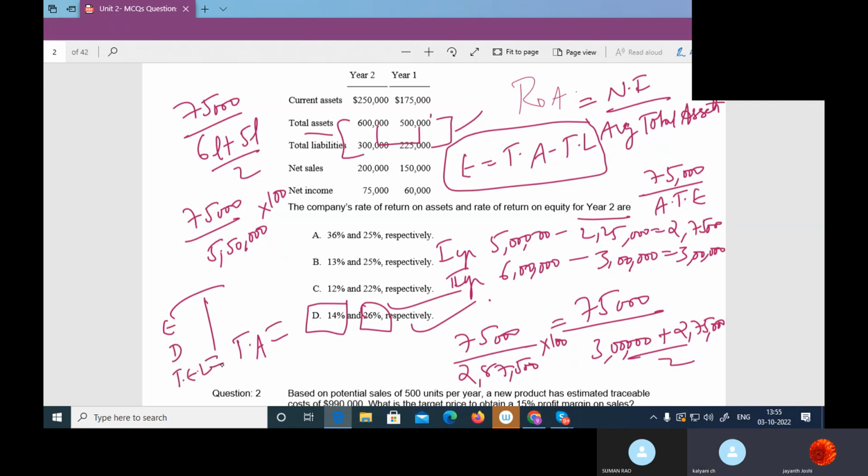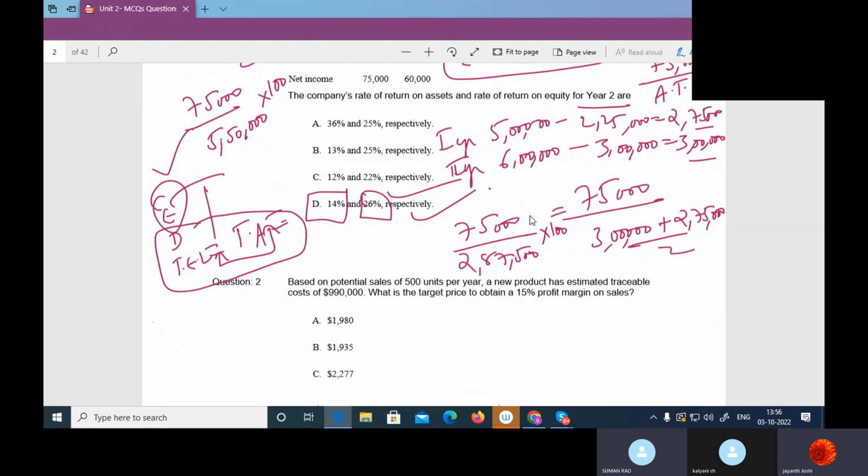So these two totals should be equal. If I remove the debt part from this, I get equity. That's the reason why assets minus liabilities is capital or equity. So we got the equity of year 1, year 2 and the average. Finished. Okay, do the second question.